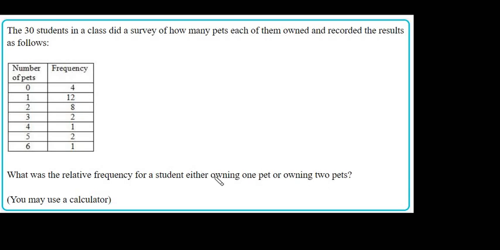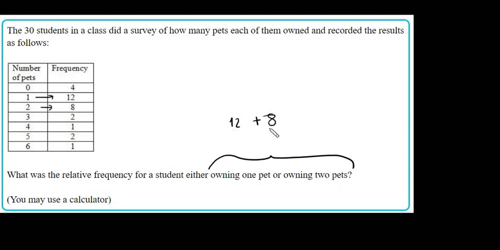In this case, owning 1 pet or 2 pets, we just add the frequency for 1 pet, the number of students having 1 pet. It is 12, right? 12 plus, how many owning 2 pets? 8, right?